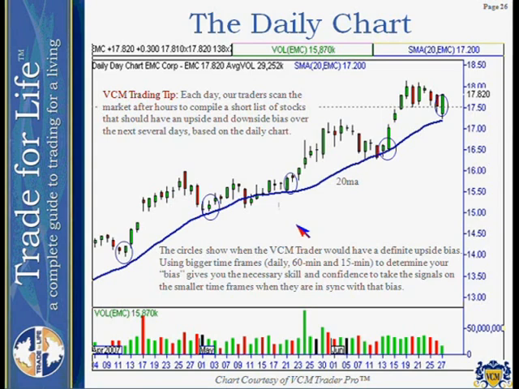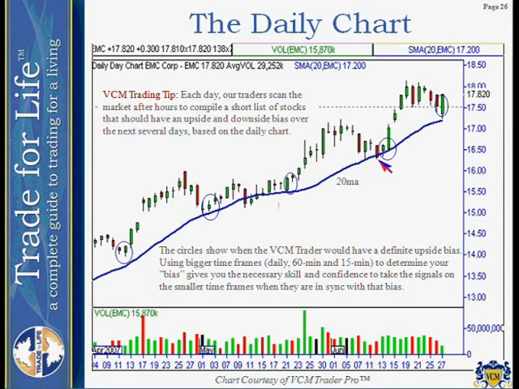All right, now, guys, very quickly. When the daily bar of your stock is at or near one of its major moving averages, which I'll talk about later, it's extra powerful.